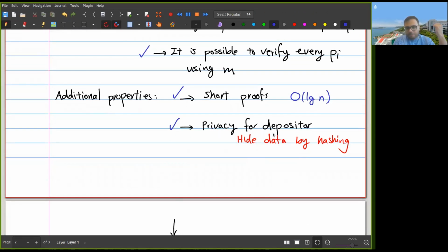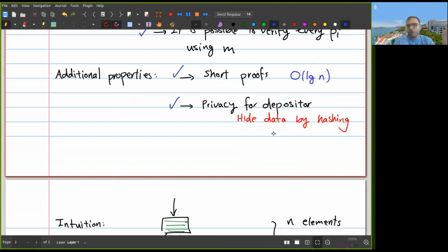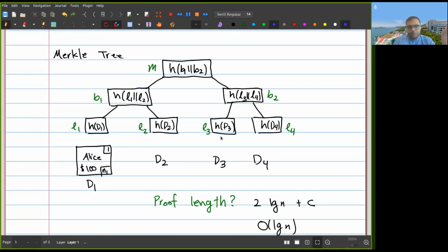And I also have privacy for my depositors. And this is, again, exactly the same argument as before. You see, in my tree, I'm never actually putting any of the deposits. I'm just putting the hashes of these deposits.